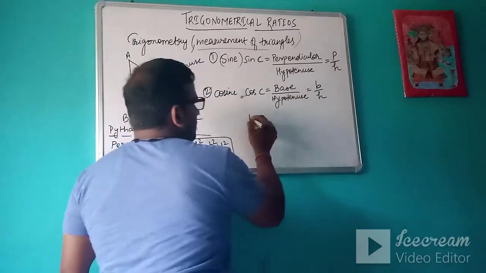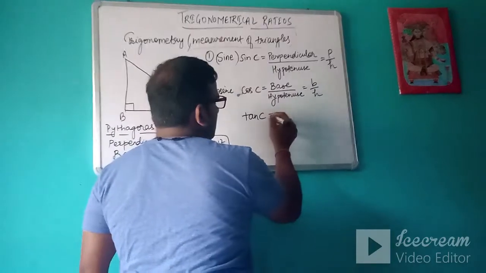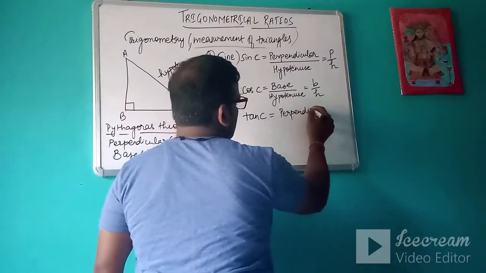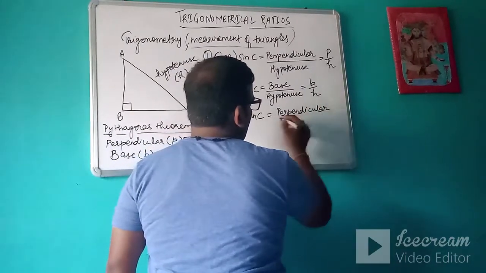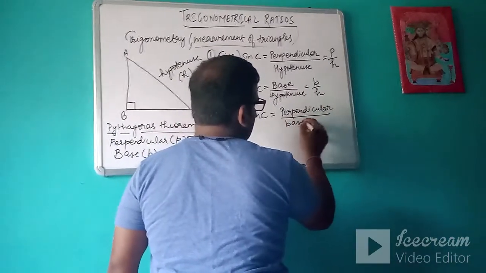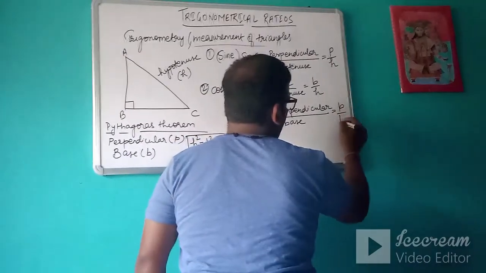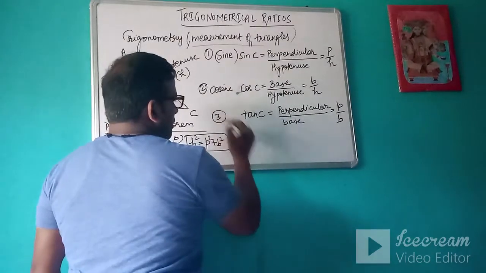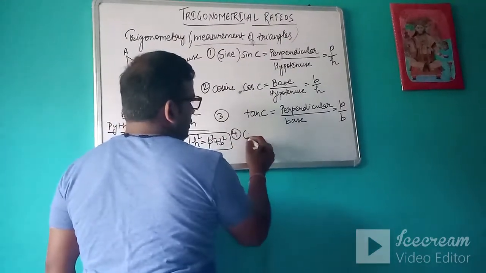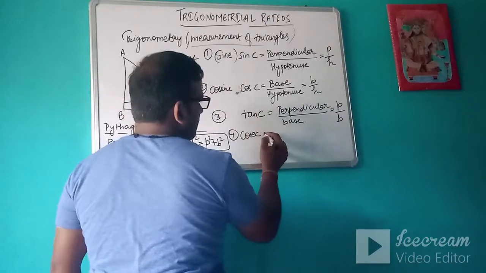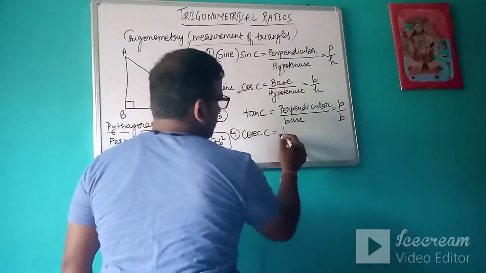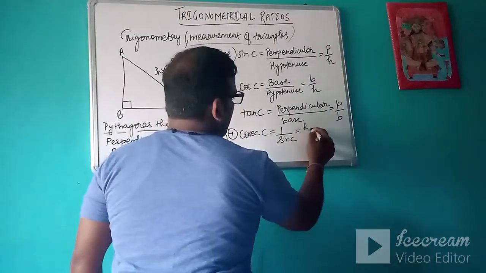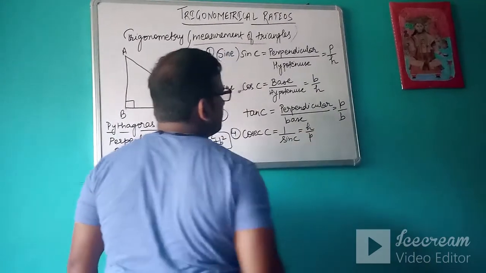Then tan is perpendicular upon base, that is P upon B. This is our third trigonometric ratio. Then the fourth trigonometric ratio is cosec of C, and it is actually the inverse of sin C, that is h upon p.